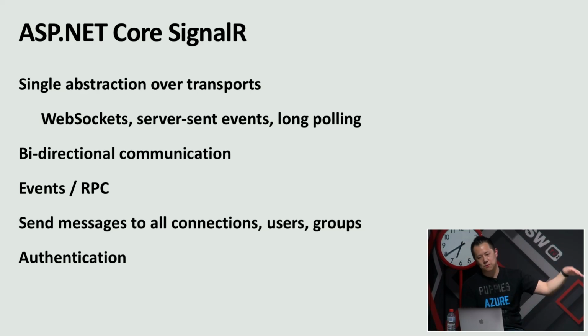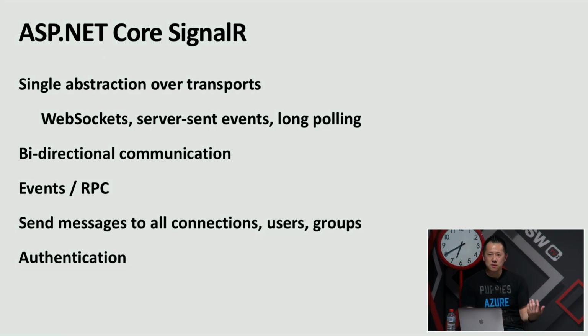It's going to start off with WebSockets and keep going to server-sent events and long polling until it finds the right one for that connection. So you don't have to worry about that at all. There's bidirectional communication. So even though it might fall back to a form of communication that doesn't support bidirectional communication, it'll still make that work using HTTP. And it's all transparent to you.